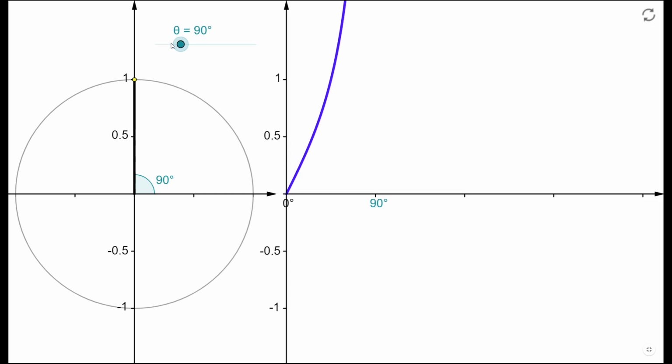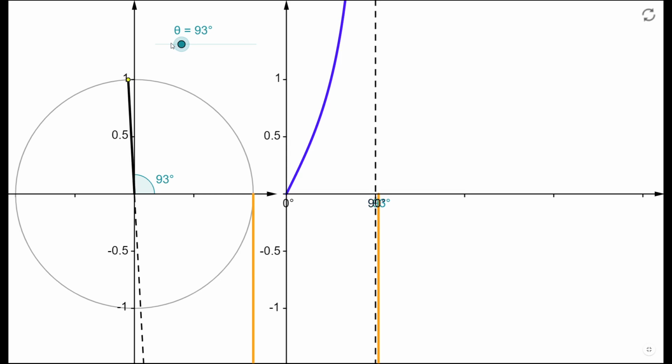Now, something really weird happens here. If I tick over my angle by just a couple more degrees, I have my opposite, which is the measure of how far up the y-axis we have.